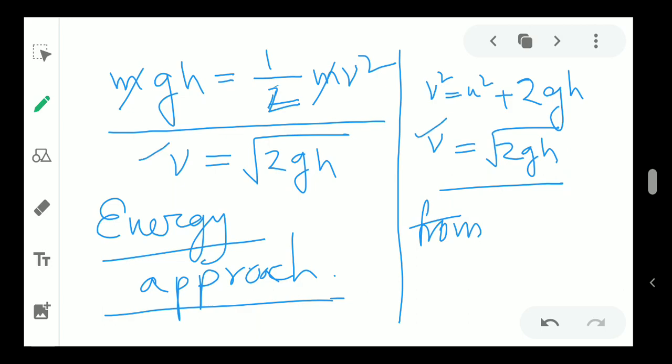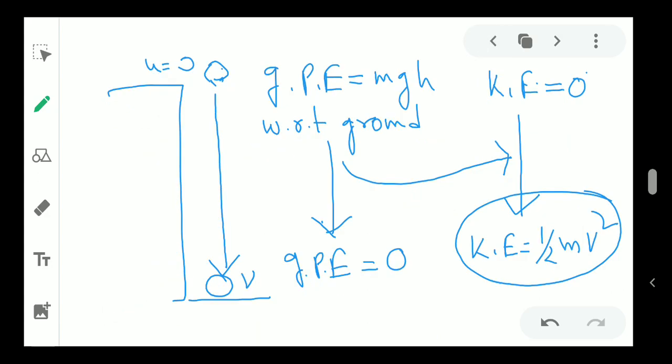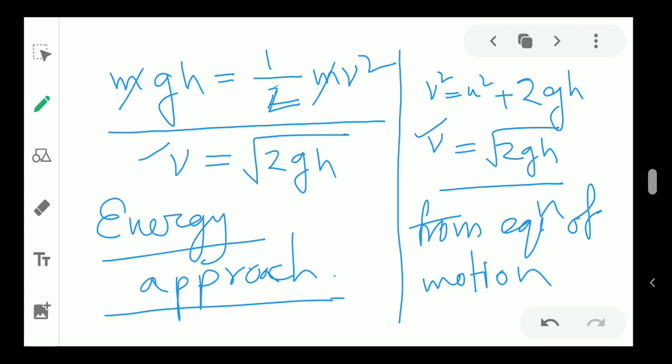So that means whatever we have assumed here, that the conversion of energy is happening, is true, right? This kind of scenario is very important to understand the final velocity, and you must understand that in some places it's much easier to use the energy approach, that means the energy conservation law.